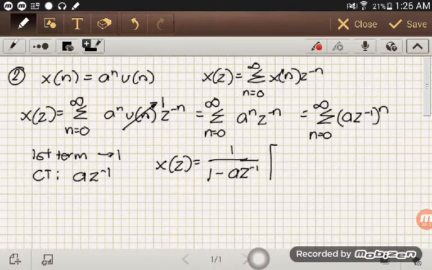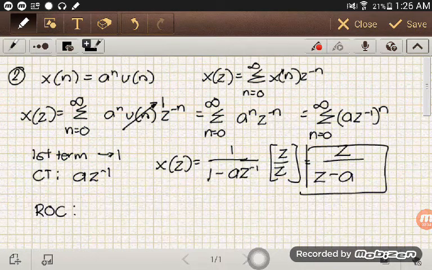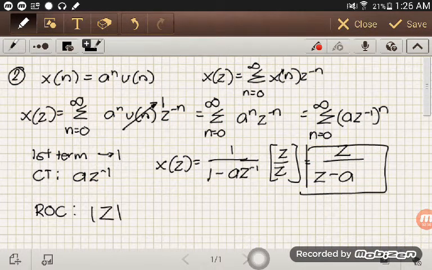I want this to be on the positive power, so multiply by z. So you're given X(z) is z over z minus a.